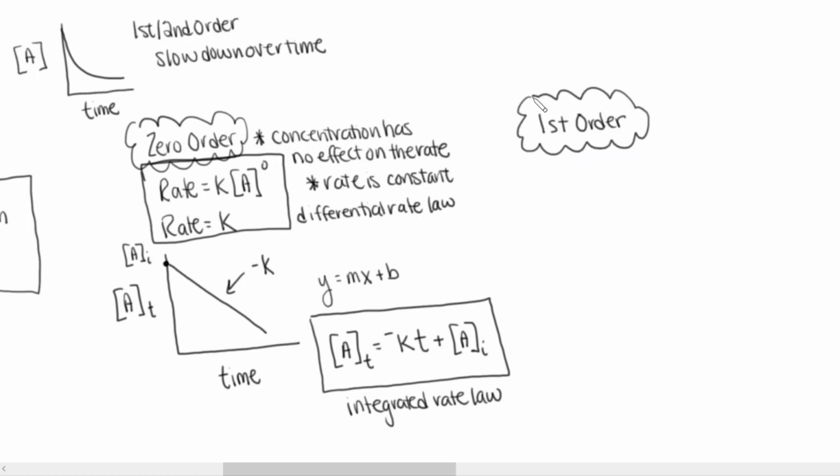If you have a first order reaction, your differential rate law is rate is equal to k times A to the 1, right? Or again, you could just say rate is equal to k times A. These are the same thing.